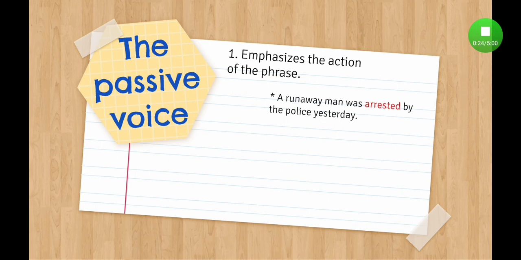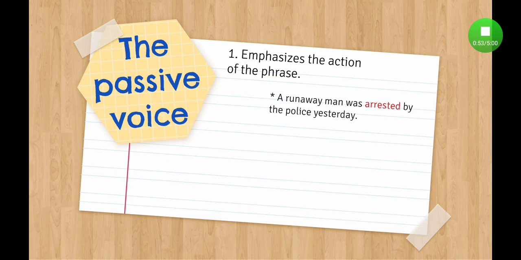So, in this case, we won't focus on the subject of the phrase, but on the object and the action of the phrase. In this case, we have an example. A runaway man was arrested by the police yesterday. So, in this case, the subject of the action and the agent of the phrase is the police, who is doing the action, that is, arrest.